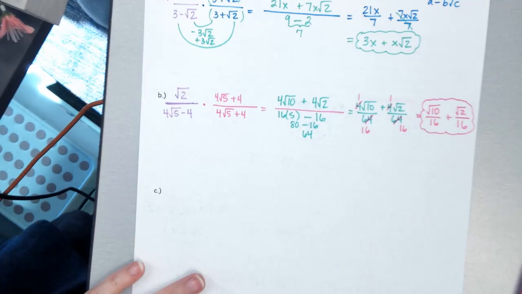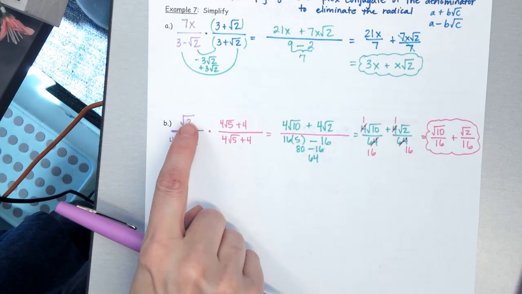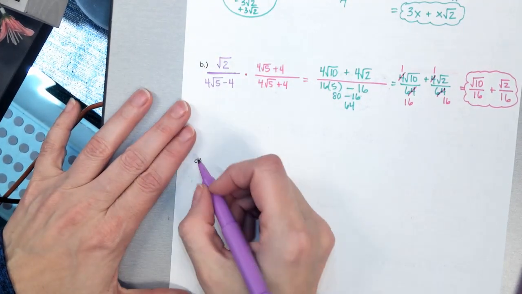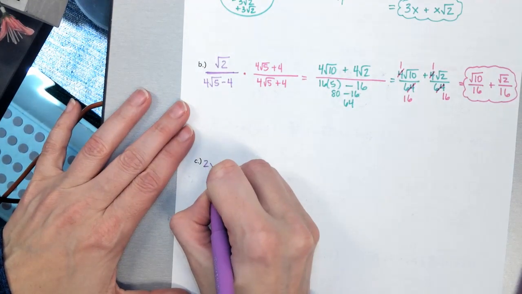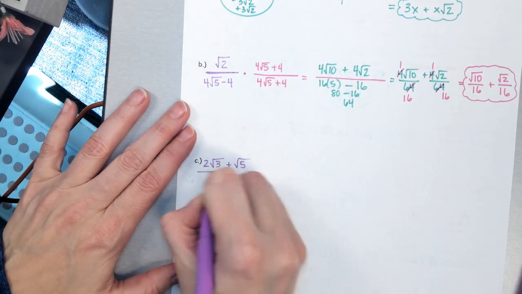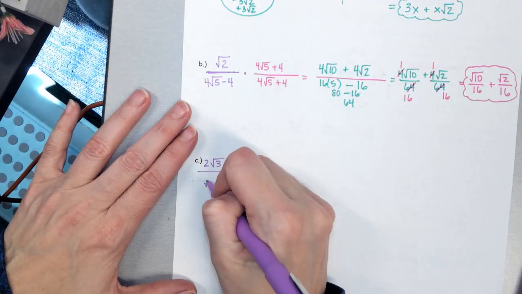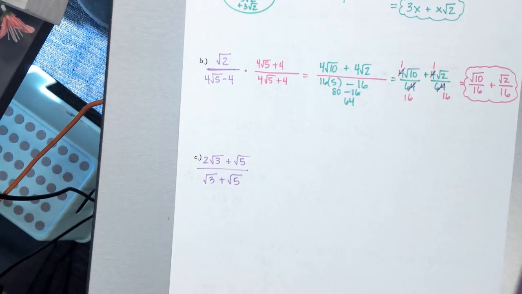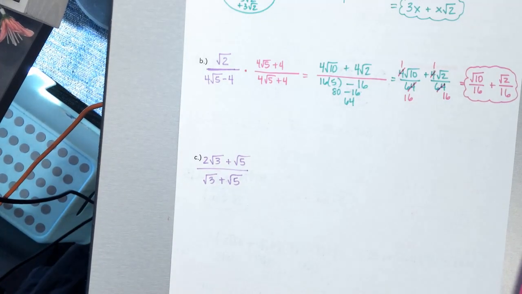Okay, so we've done a type where you have a radical on the bottom, and on the top, and for C, this is the last type that you'll have to be able to know how to do. Okay, so you have 2 root 3 plus root 5 over the square root of 3 plus root 5.